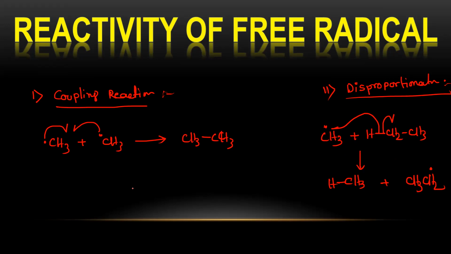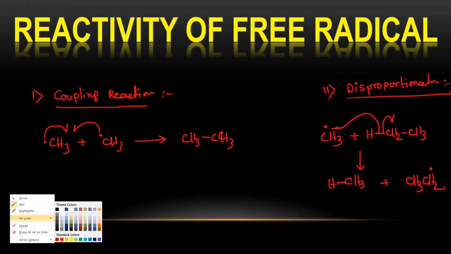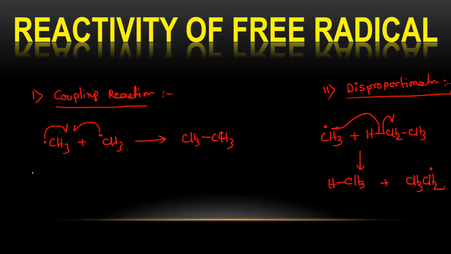But there is, I would not say an exception, but a different phenomenon that occurs here. What is that? In 3 degree plus 3 degree, when we take two 3 degree free radicals, then coupling reaction will not occur.